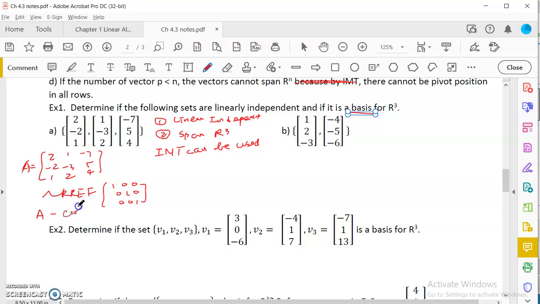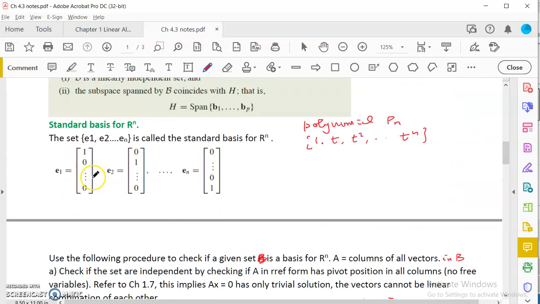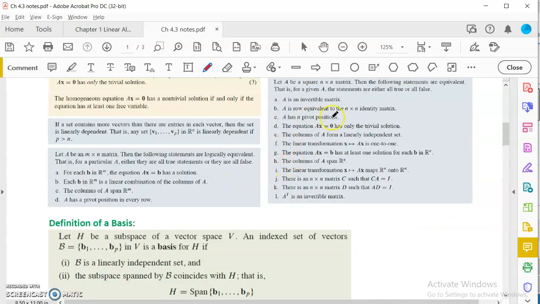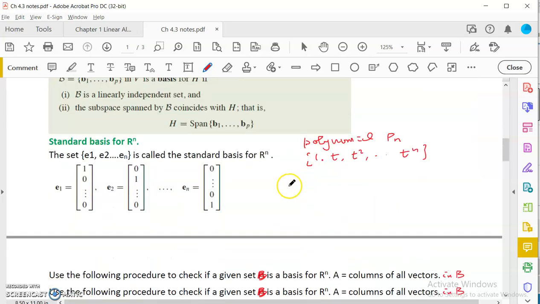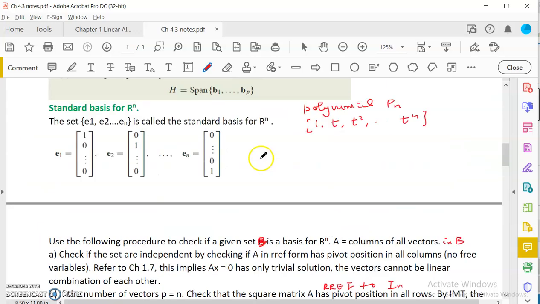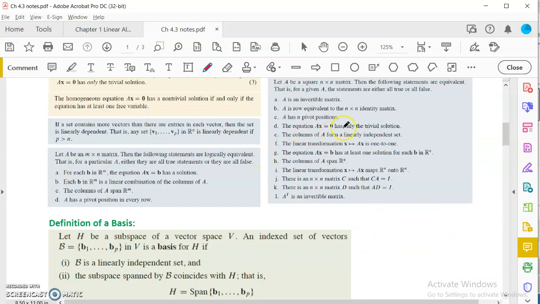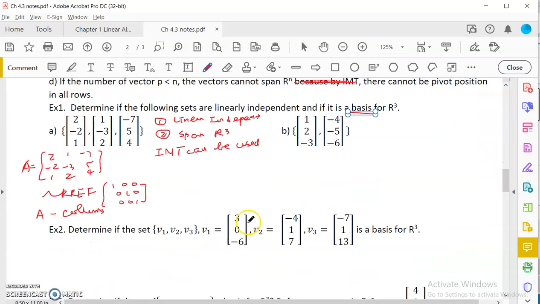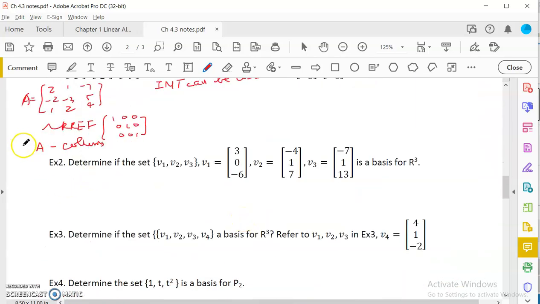The columns are linearly independent, so I can show you. Here, the columns of A form a linearly independent set, and also the columns of A span R3. So I would just cite the conditions: statements E and H of the IMT.